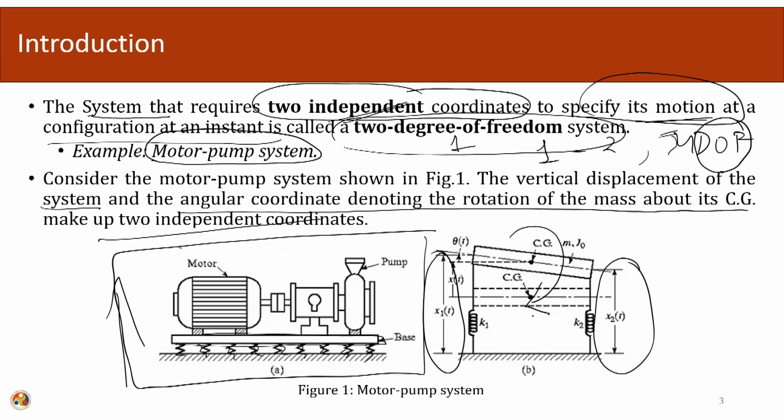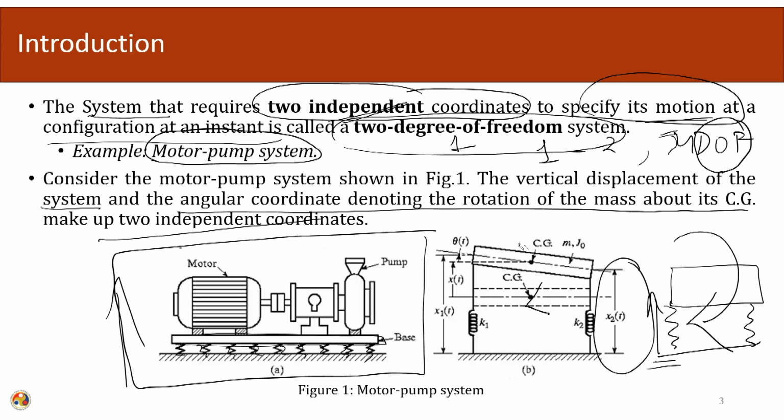If we model the system like this, then the system has a vertical motion and is also able to rotate about its centroidal axis, about its center of gravity. Since these two independent coordinates are required to describe the motion of this system at any given instant of time, it can be called a 2 degree of freedom system. Now, one question arises.